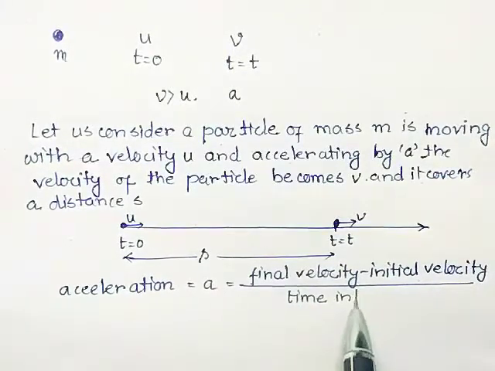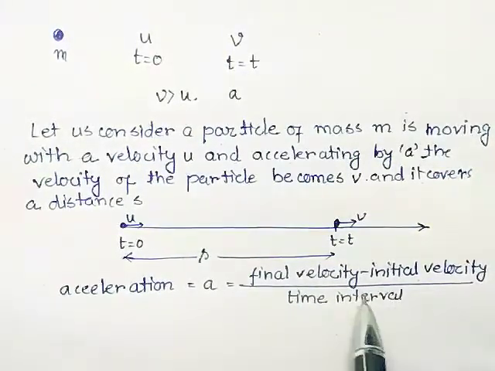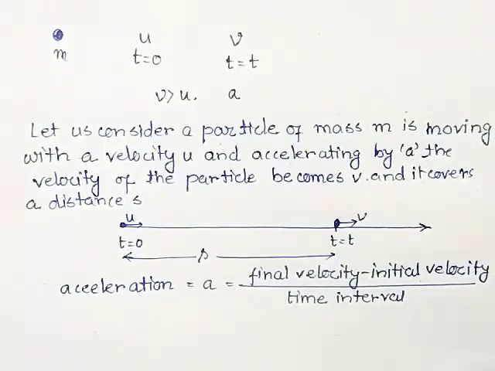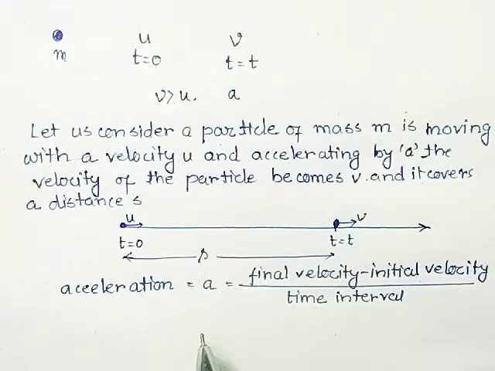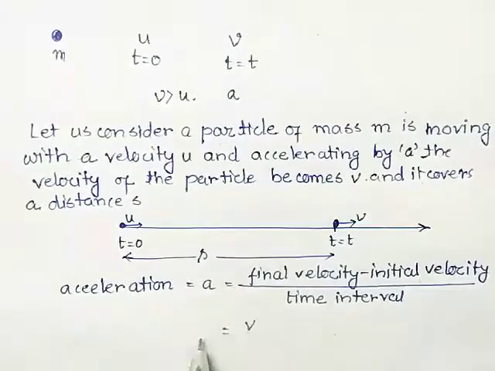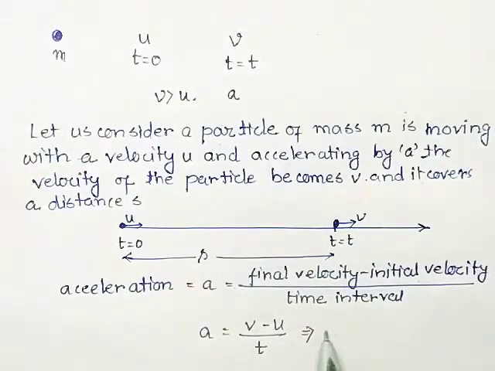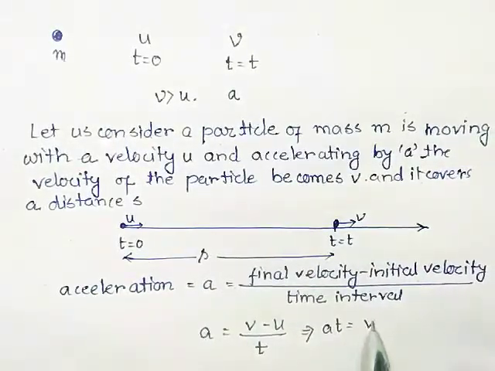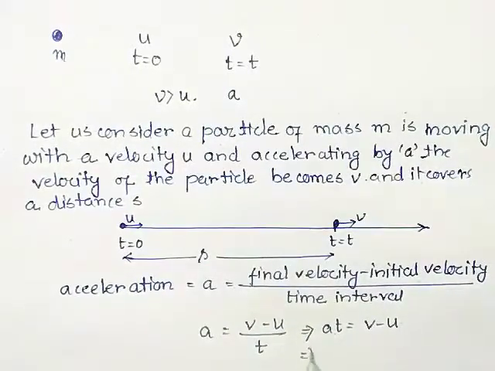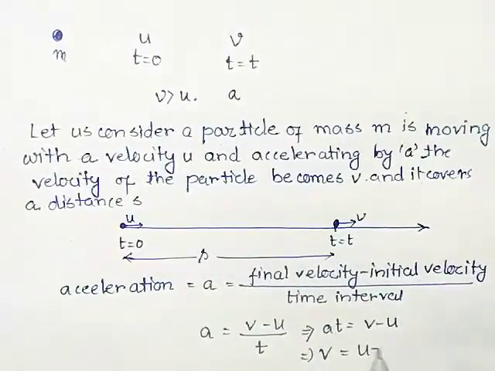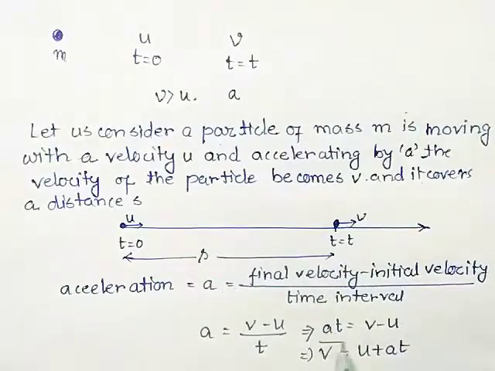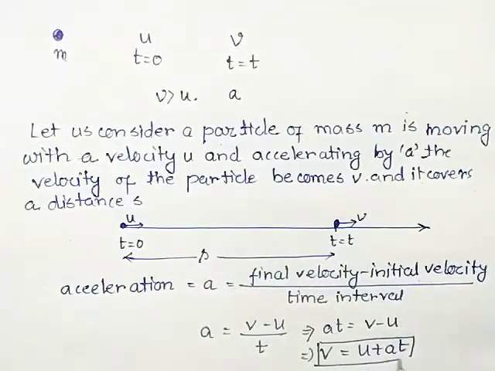Here I am taking these things over a time interval, and I have considered that the acceleration is constant, that is not changed, that the velocity is increased at the same rate with time. So in terms of an equation, it will be v minus u divided by t, and from it we get at equal to v minus u, and it gives v equal to u plus at. So this is the first equation of motion.